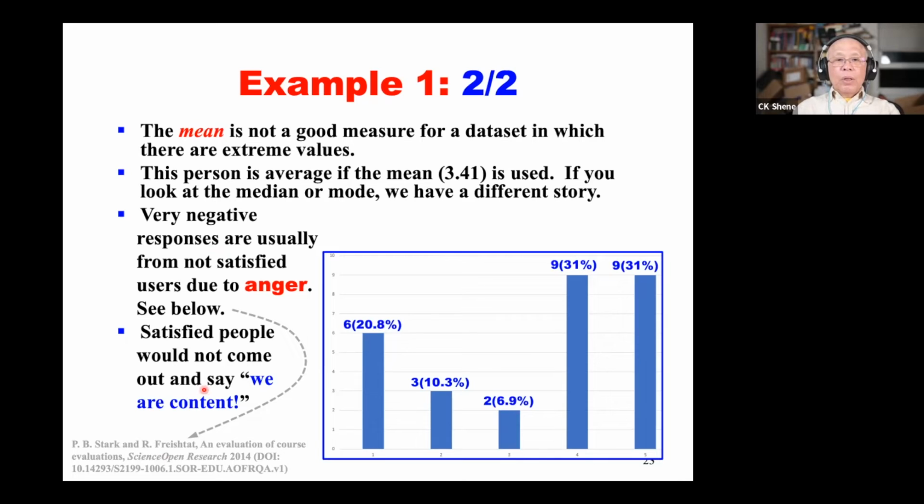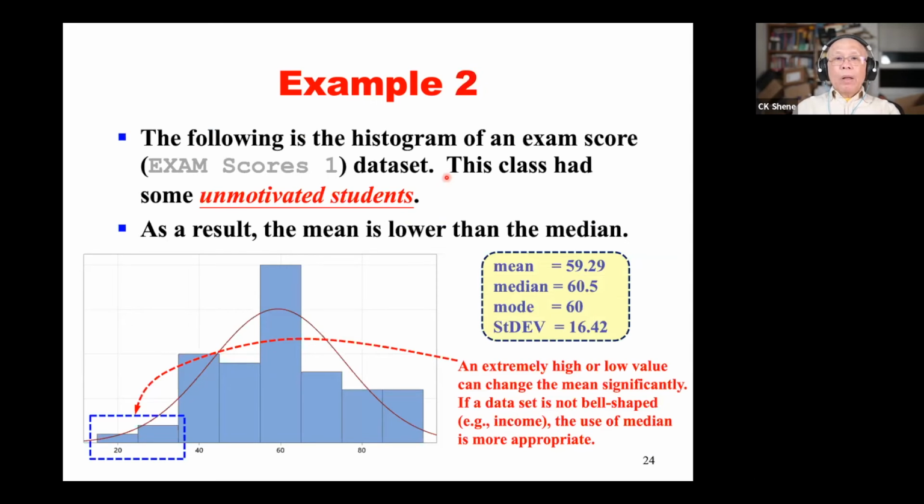All of those protests are formed by those people with anger, or mostly with anger. So when you look at teaching evaluation, watch out, because administrators who intentionally or unintentionally may use the mean to accuse you.